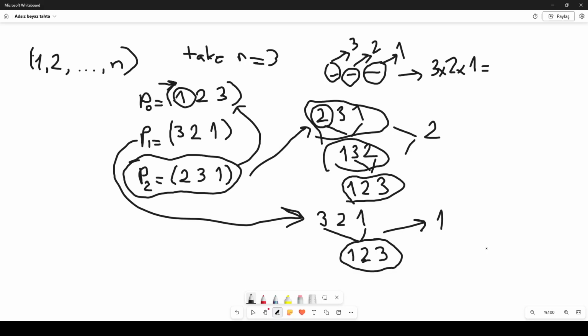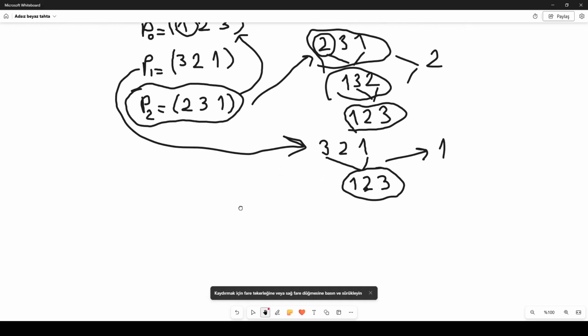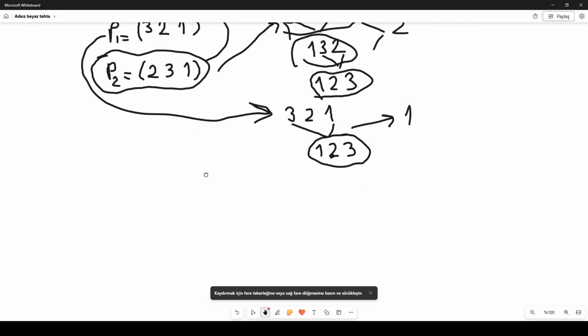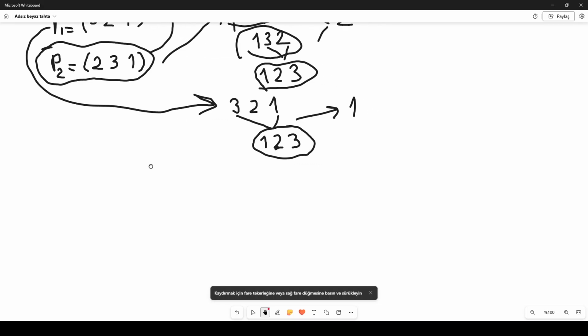What I'm trying to point out is, as you notice, guys, if I want to restore the permutation that has a natural ordering, I either perform an even number of interchange operations between the elements, or I perform an odd number of interchange operations. And there is no other option, right? I will either perform an even number of swap operations, or an odd number of them.